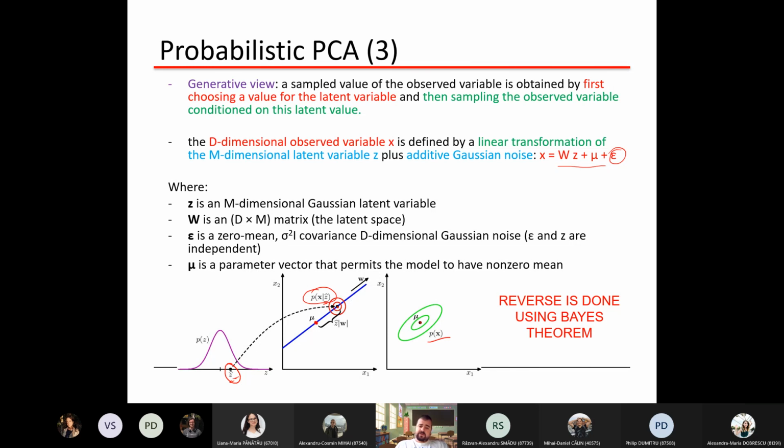And mu is a parameter vector that permits the model to have non-zero mean, because otherwise the center of the distribution would be fixed here, and I wouldn't be able to move from here to a different place. This is why we added the value of mu, so that we are able to have distributions that are not centered in the origin.